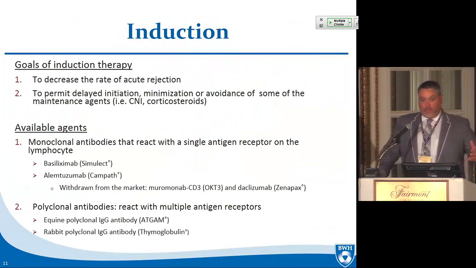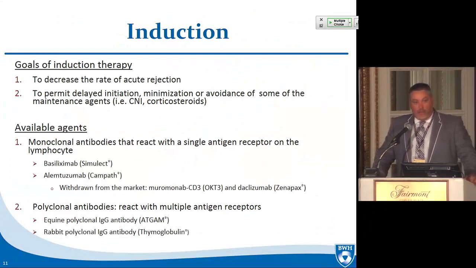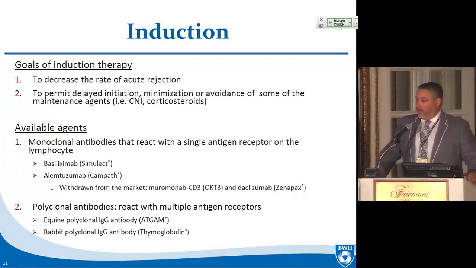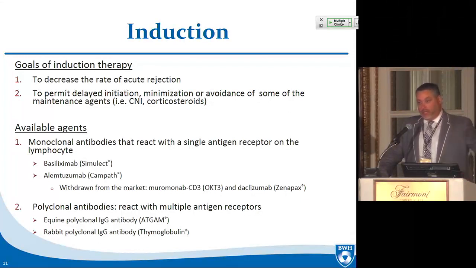And of course, since that HUMAR study came out, the major goal of induction was to lower acute cellular rejection, and it's done just that. Our rejection rates are the lowest they've ever been. But one of the secondary benefits of giving induction therapy is that it allows us to manipulate our maintenance immunosuppression. So without induction, we can't do an early steroid withdrawal regimen.